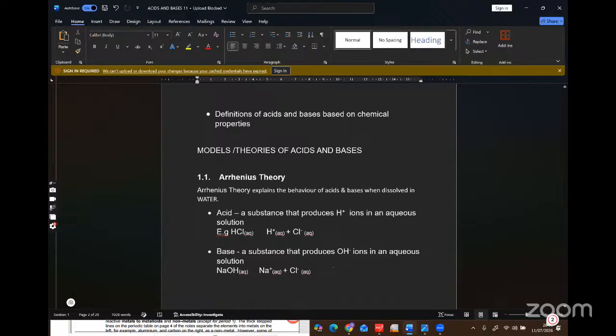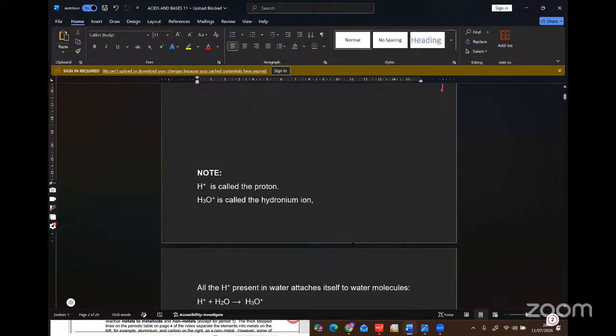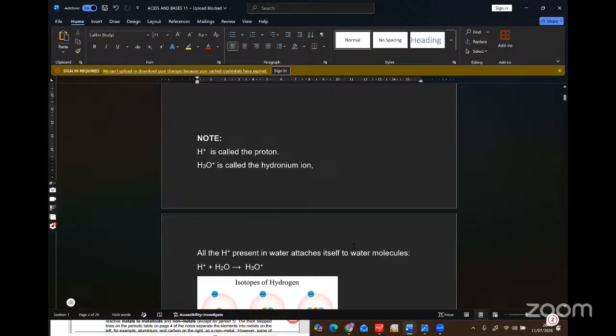So, on the basis of the chemical properties, we have models, two models that are used to explain what an acid is and what a base is. But before I talk about the two models, which is the Arrhenius model or theory and the Lowry-Bronsted or Bronsted-Lowry theory, I just want to talk about something briefly here so that when I use it, you don't get confused.